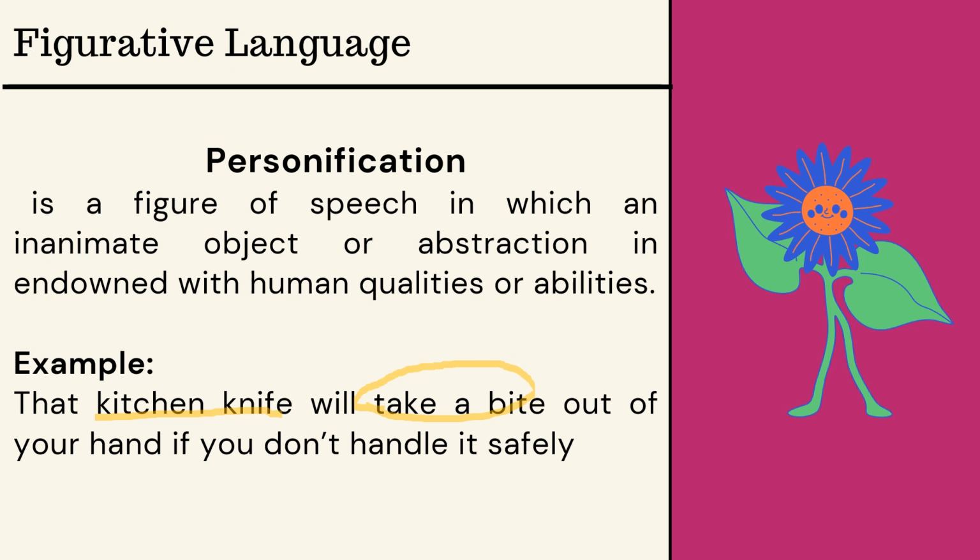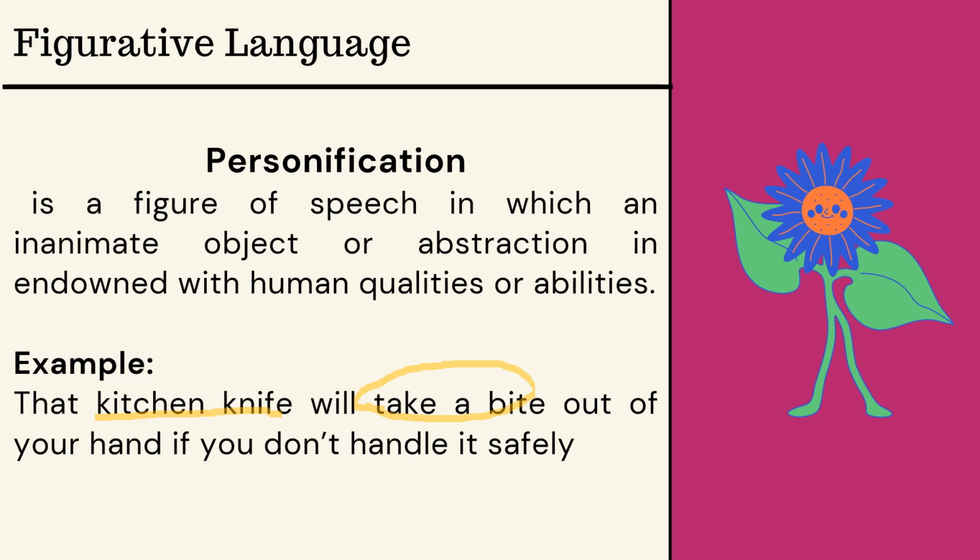So, it has been given a characteristic that is not commonly present in an object. Like the trees are dancing. The trees cannot dance, but we are giving them the ability to dance. It's personification. The sun is smiling at me today. The sun cannot smile, but it's some sort of personification, or it means the sun shines better today because it smiles.